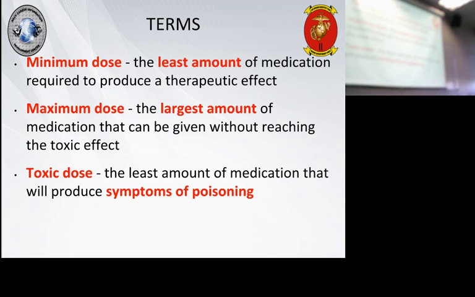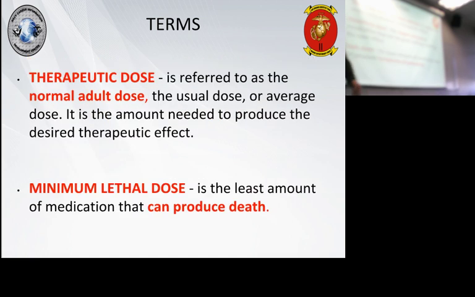Now it's toxic. All right, therapeutic dose, basically the combination of minimum and maximum dose, is the amount of dose you need to complete your task. Minimal lethal dose is basically the amount of medication that will kill you. So morphine, give it to a certain amount and then it's going to kill you.